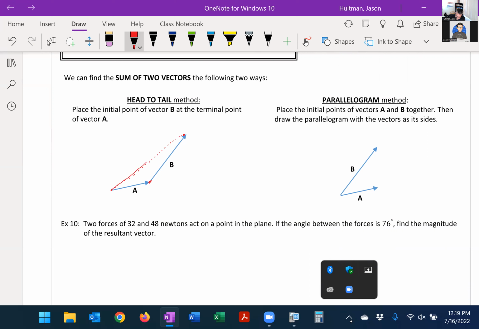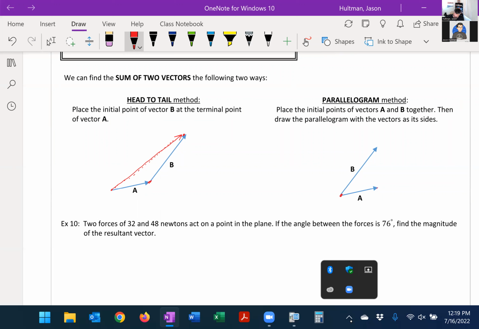And that would be the sum of A and B. That's the head to tail method, the head of A to the tail of B. The other method is called the parallelogram method, where we place the initial points of A and B together.